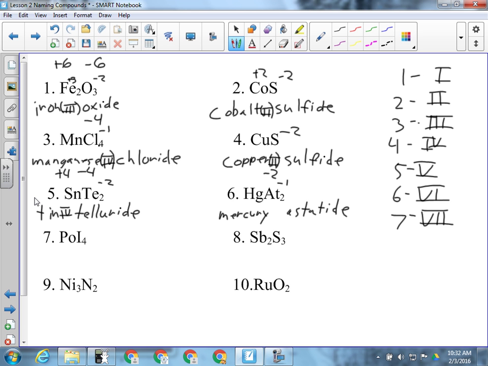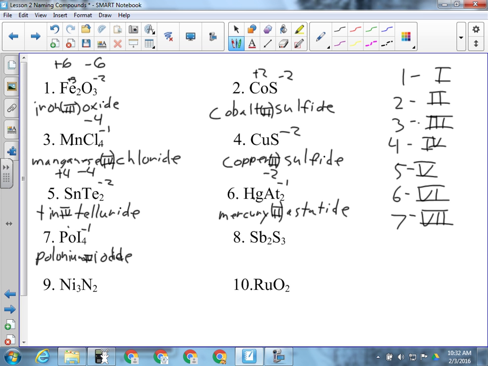Since there's only 1 mercury here, this mercury has to have a charge of +2. And then for 7, we have polonium iodide. But we need a Roman numeral on the polonium. Iodine's always -1. So that means the polonium has to be +4.